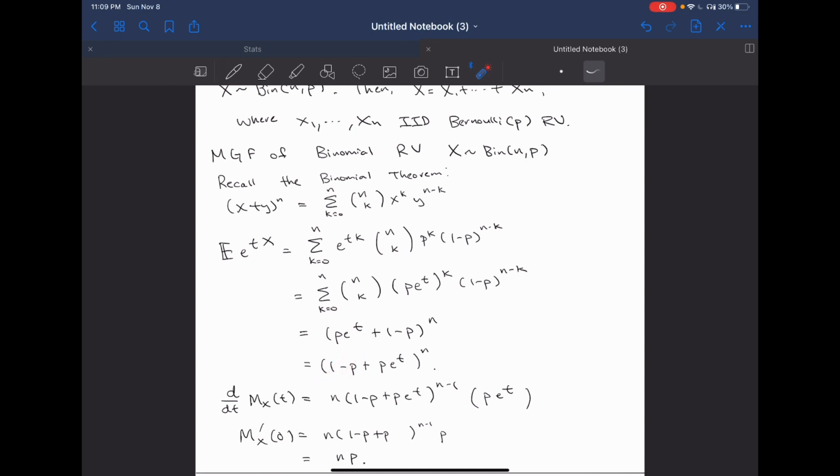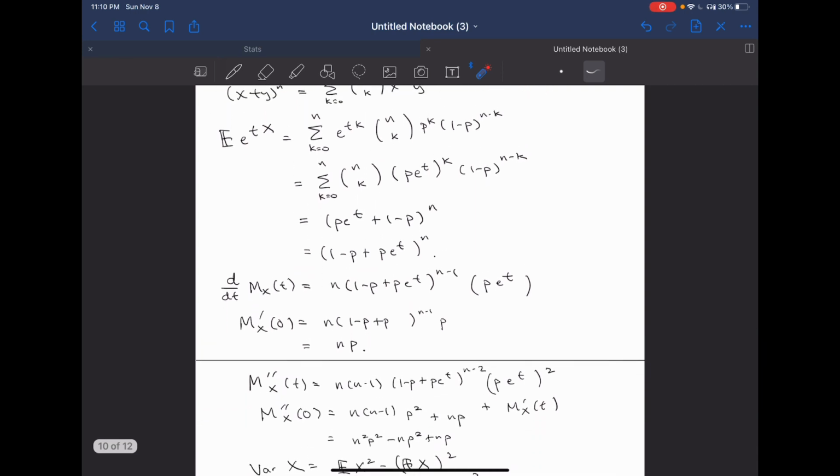The 1 and the p are constants with respect to t, so their derivative is 0. And the derivative of e to the t is just e to the t, so we have p e to the t. If you evaluate this at 0, e to the 0 is 1, so we just have 1 minus p plus p. The p's cancel out, so this is just 1 to the n minus 1 power, which is just 1. And this is also just 1, so we have n times p.